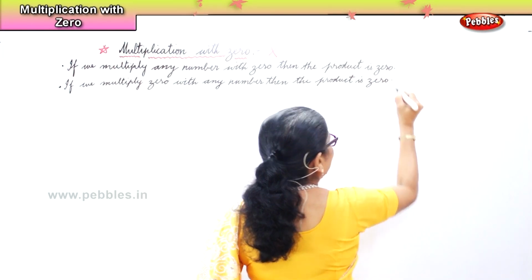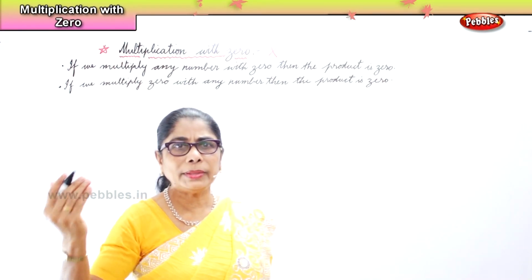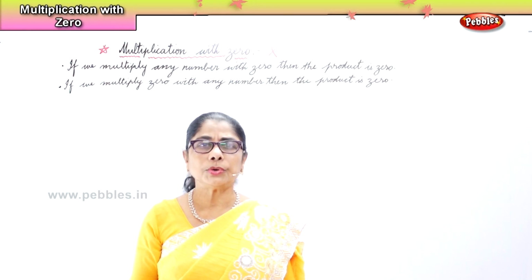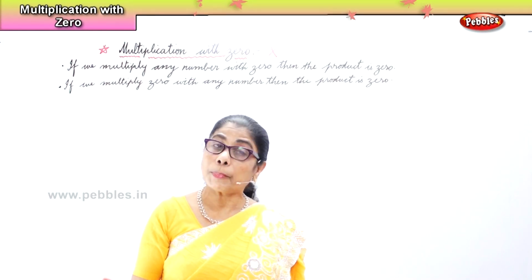So either way, you multiply the 0 with any number, the product is 0. Multiply any number with 0, the product is 0. That's what we are going to look at now.